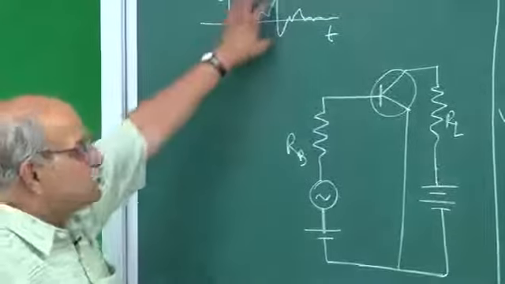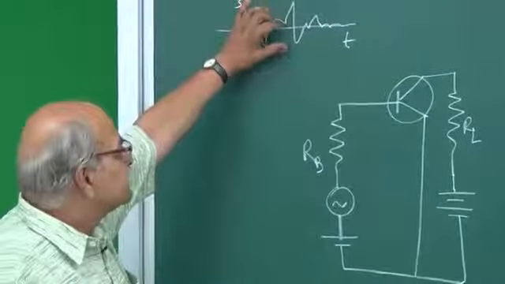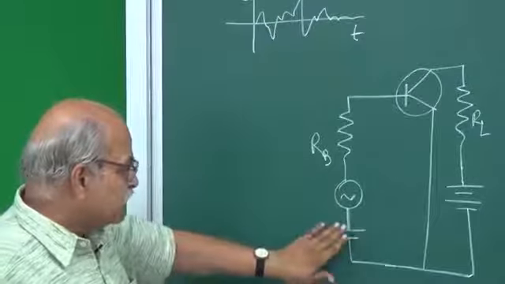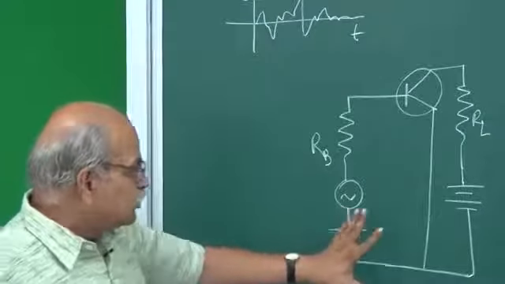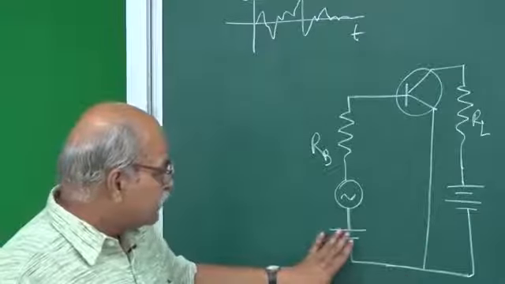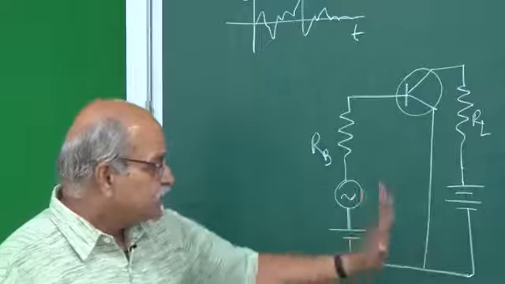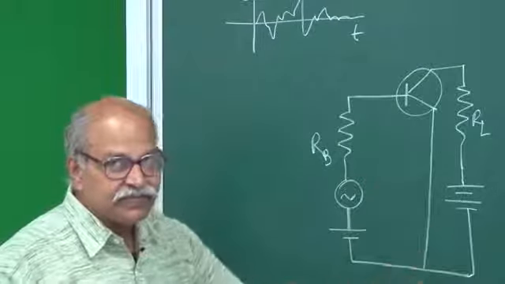And this signal is supposed to be small, right? This signal is supposed to be small. This biasing voltage is there, and you have chosen this biasing voltage here and here in such a way that you are well in the active region.